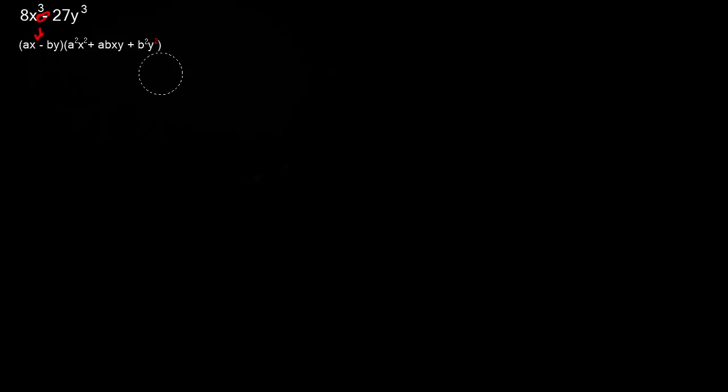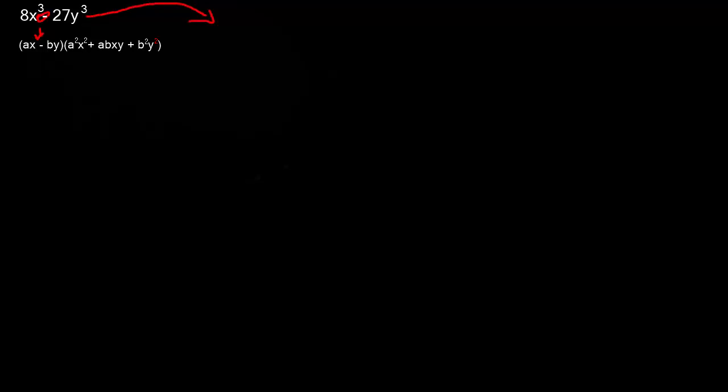And now we're moving on to what they call the difference of cubes, and the format is here: a cubed x cubed minus b cubed y cubed. First you're going to start out just like we did the last one.